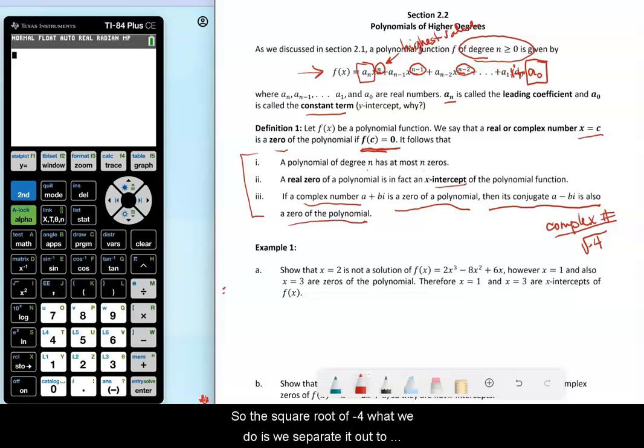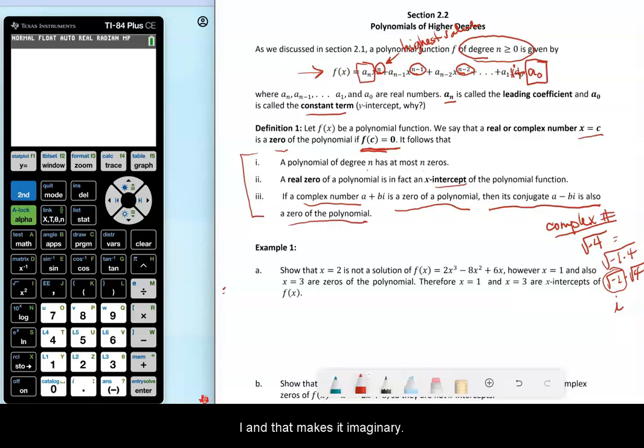So the square root of -4, what we do is we separate it out to the square root of -1 times 4, and the square root of -1 is then separated into its own square root, and then the square root of -1 is assigned the value i, and that makes it imaginary. And then the square root of 4 is plus or minus 2. So the square root of -4 is equal to plus or minus 2i.